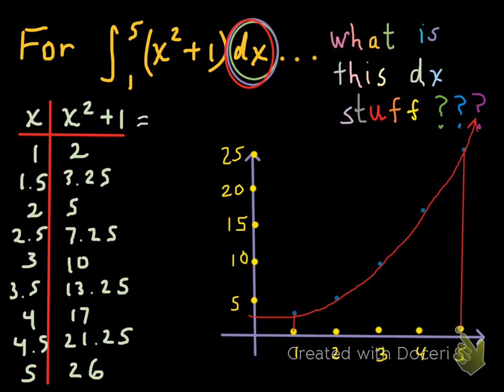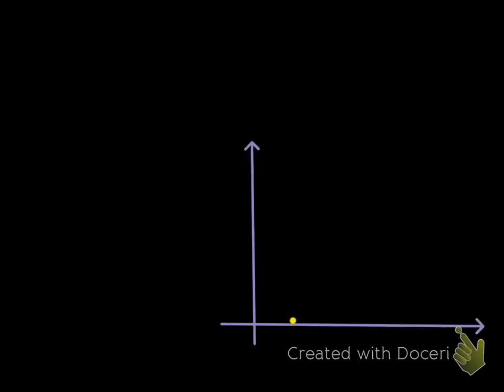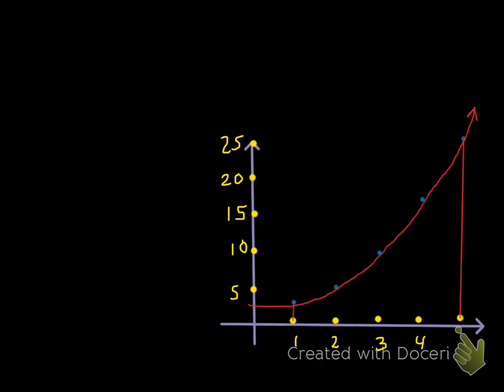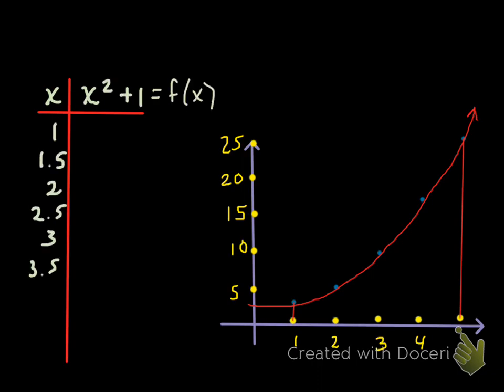So we're going to break this down and try to understand a little bit about that dx. We're going to have a progression and build up to it. Stay tuned. With this graph, it's the identical graph that we've just seen, and this table, it's the identical table.